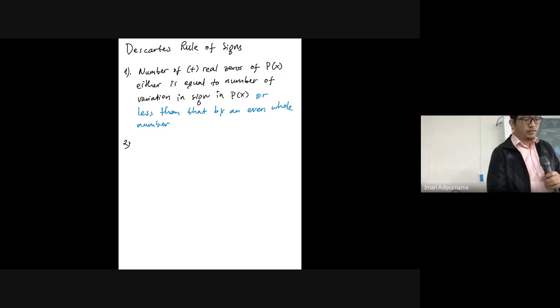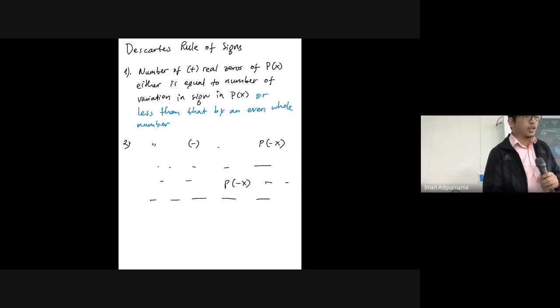And the second point: number of negative real zeros. Change P(x) into P(negative x).